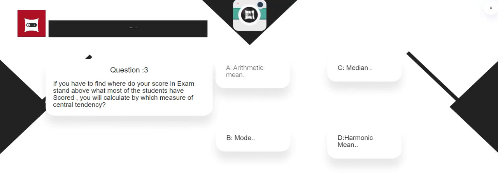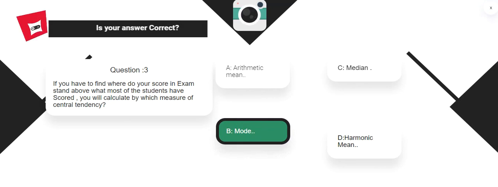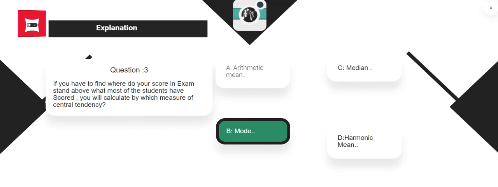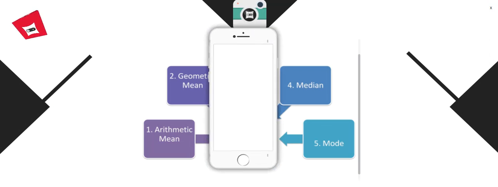The answer is, of course, mode. Answer is B, mode. As I have already taught you, when we compare with what most of the students have scored, here most of the students is the key. So here we calculate the measure of central tendency with the help of mode. Okay.